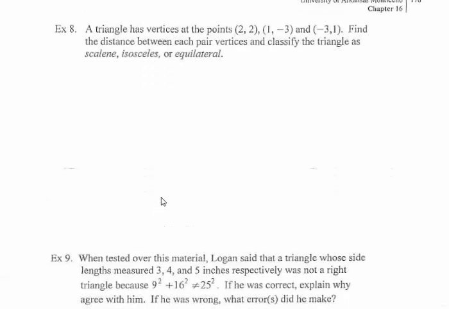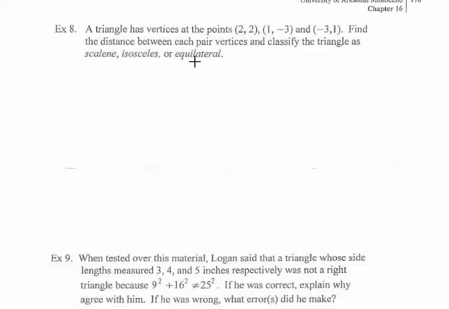Now for an equilateral triangle, the angles are all equal, but we're focusing on the sides. So we'll go to the next page and see exactly what they want us to do with that information.